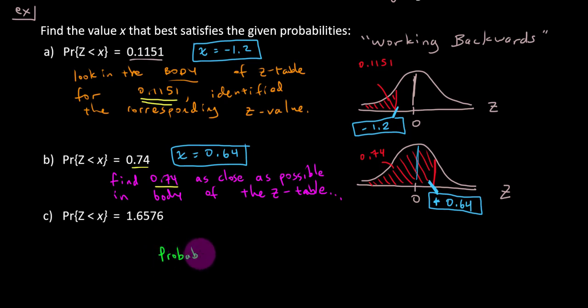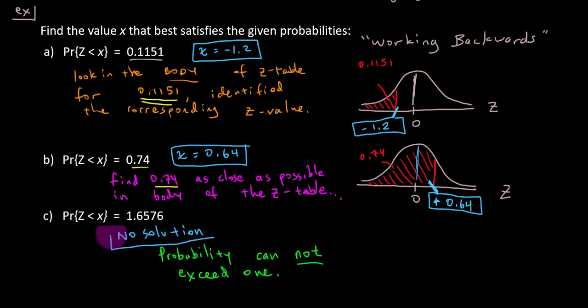Well, we know that a probability at its smallest is 0, and at its largest is 1. And this is asking for the x value that makes the probability 1.65. That can never happen. Therefore, there is no solution here. No solution. There is no value of x that would make this a true statement. Pretty cool, huh?